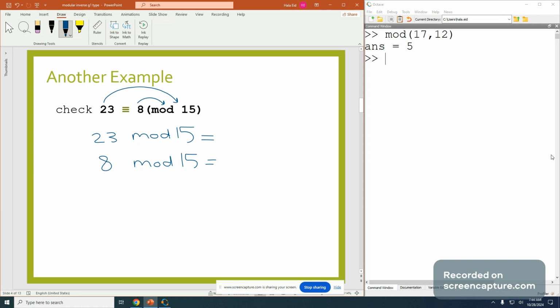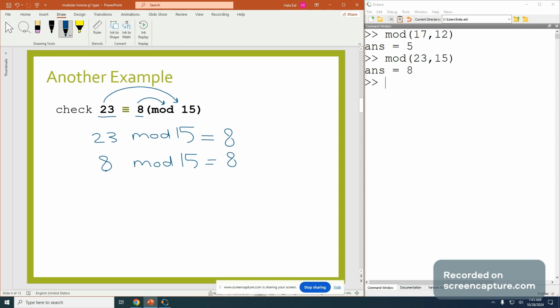So we have mod, then 23, then 15, and that gives us 8. And of course, a small number 8 mod a big number 15 gives me the small number 8. I can see that both give the same remainder when divided by 15. It means 23 is congruent to 8 mod 15.